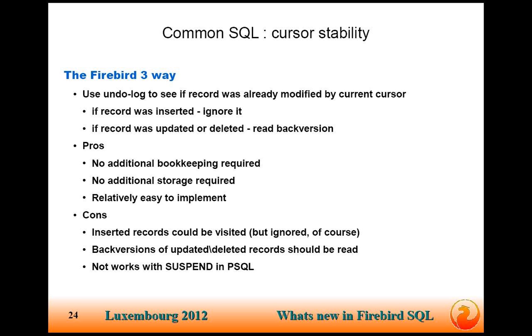So we will read these back versions again from disk. But this is not a big problem, because if you compare it with the standard approach, we anyway will read something. We will read bookmarks, or we will read the stored result set. So I don't think it's a very big performance penalty.